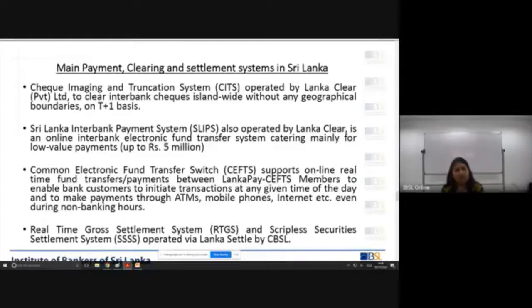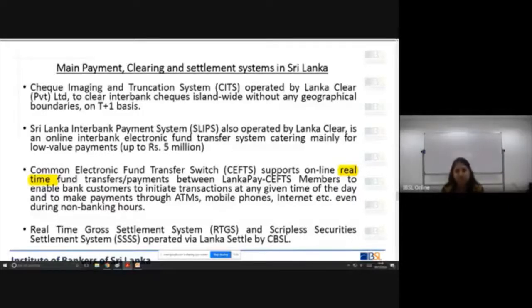Okay. The other development that we have as of now is the CEFT, Common Electronic Fund Transfer Switch. Now this is online but real time as well. What do you mean by real time? If I make a fund transfer from my account to you through CEFT, you will immediately get the money.